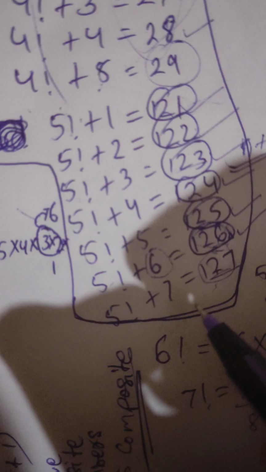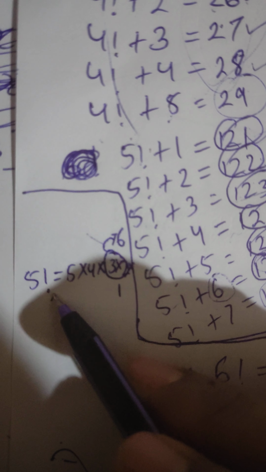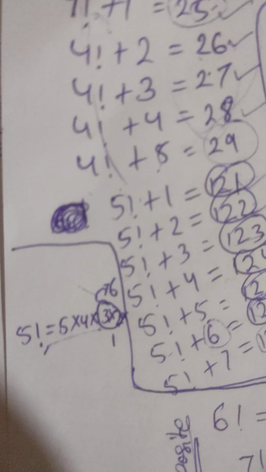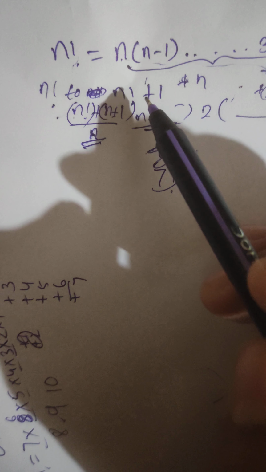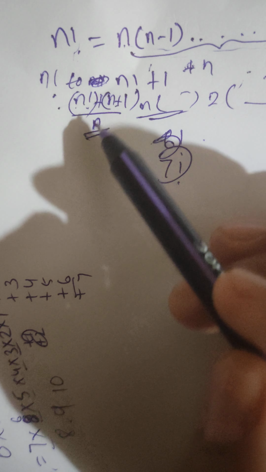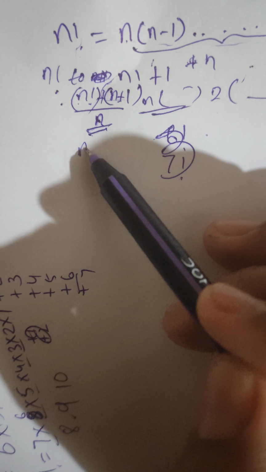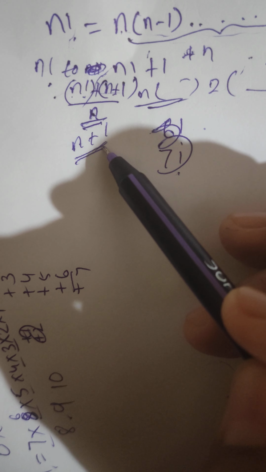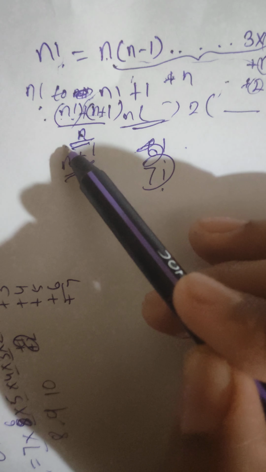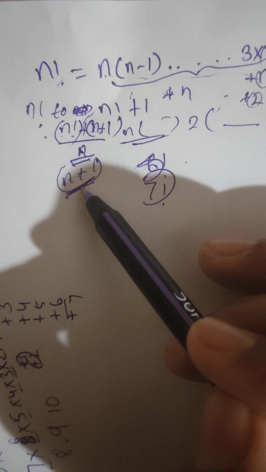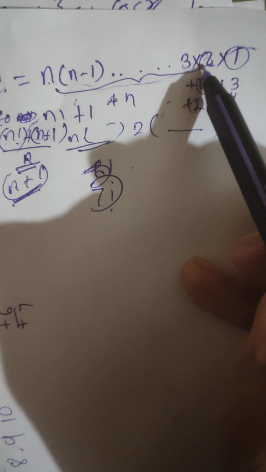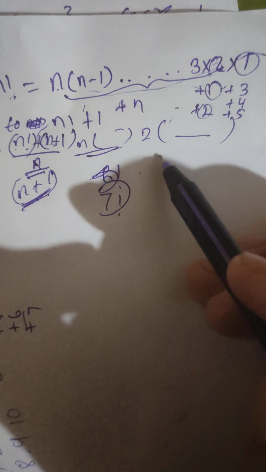So this was already present in this. So I came to know that as I have generalized this, there can be a case when n plus 1, the number which we get by doing n plus 1, may be present among these factors, right?